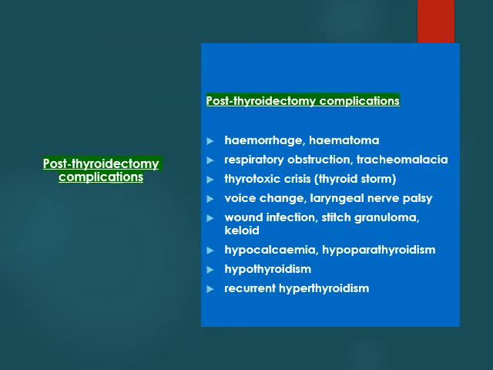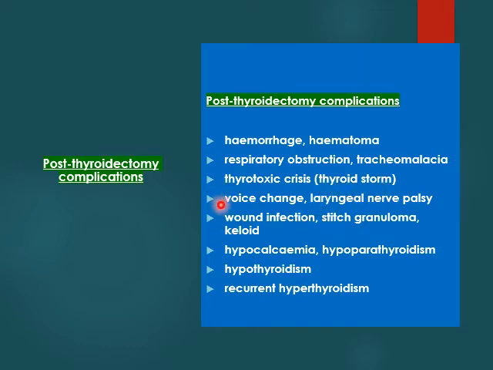Okay. Post-thyroidectomy complications include hemorrhage or hematoma, respiratory obstruction and tracheomalacia, thyrotoxic crisis, which is known as thyroid storm, where there is massive release of thyroid hormones into the circulation during the manipulation of the highly vascular thyrotoxic gland, and this results in the various crises known as the thyroid storm.